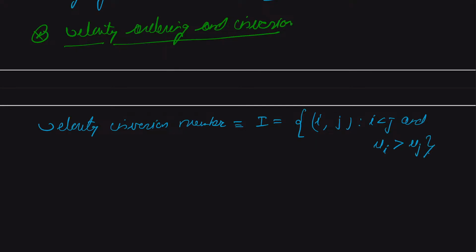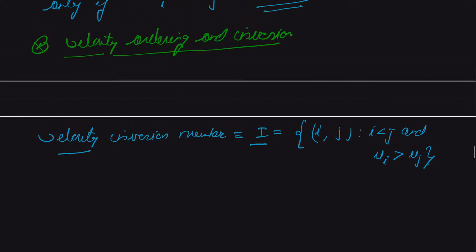For this condition we get the velocity inversion which we have defined. So it means that we have two balls, this is our I ball and this is our j ball.